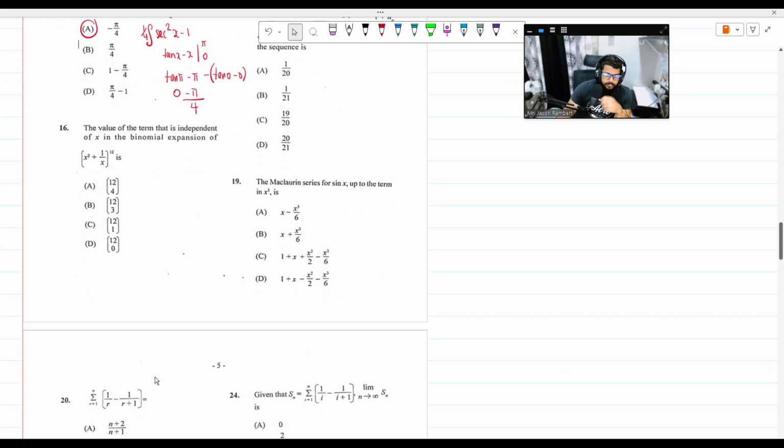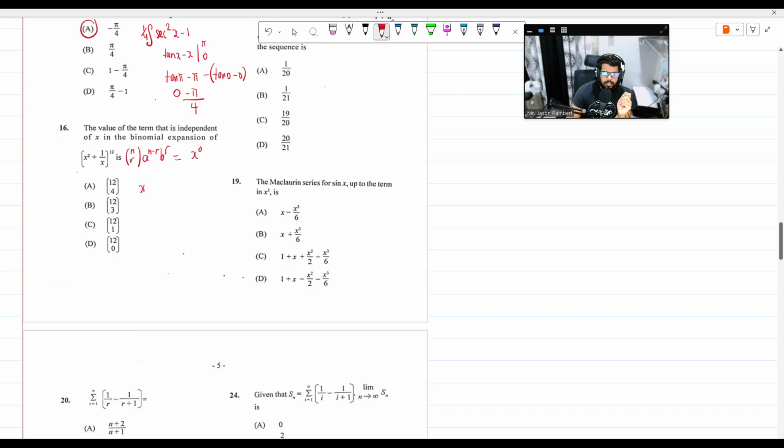The value of the term that is independent of x in the binomial expansion of this is, alright, so we had to go through the NCR business, right? This wasn't a repeat question as well. I can't remember. Regardless, let me still go through the working. We know that our NCR, a to the n minus r, b to the r. I'm going to get the x coefficient alone, which is going to be x to the power 0.